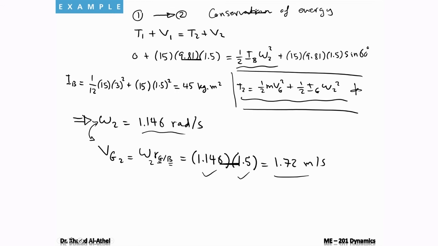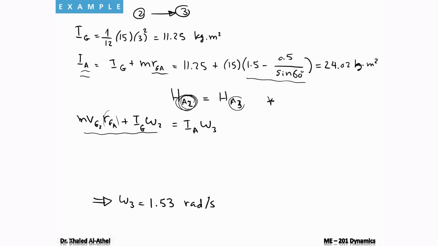This is clear. Now, when I want to solve H around point A, what do I have? I have the center of mass is moving. So it's going to be M, the center of mass is moving. Then, since this is angular momentum, the linear momentum, mv, has to be multiplied by the distance to make it similar to force and a moment.